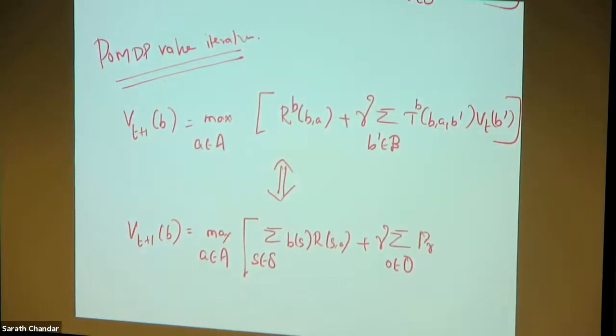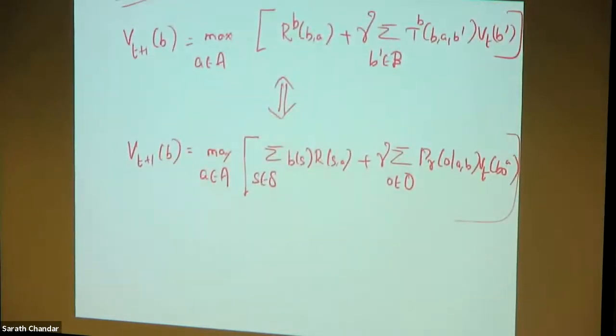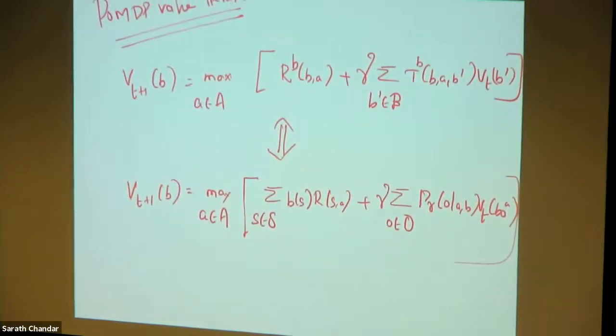The probability of O given A comma B, V T of B O A, where we already know the probability of O given A B. It's a summation over three probability entities, right? Is that clear? Any question so far?